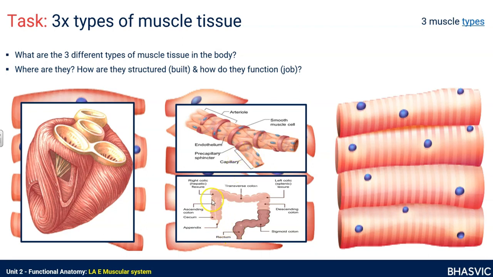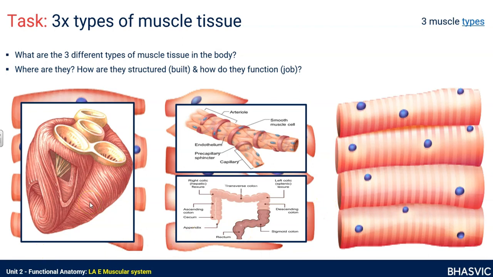Down here we've got our intestines, our digestive system, and there is smooth muscle in the walls of our digestive system because we gradually squeeze food through our tubes. This is called peristalsis, the almost wave of contraction to squeeze food down through our colon.